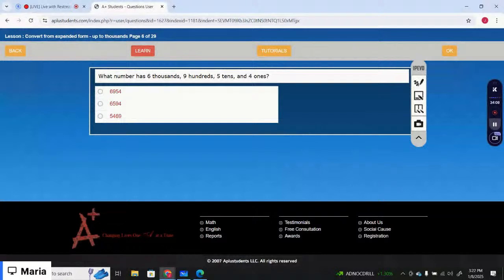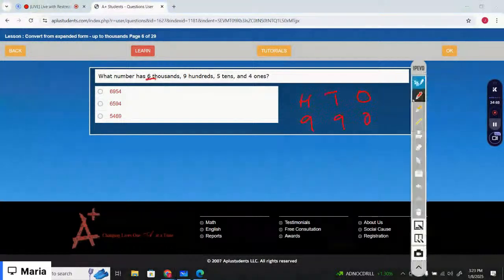What number has 6,000s, 900s, 5 tens, and 4 ones? So, which is the correct option? 6,000s, 900, 5 tens, and 4 ones.